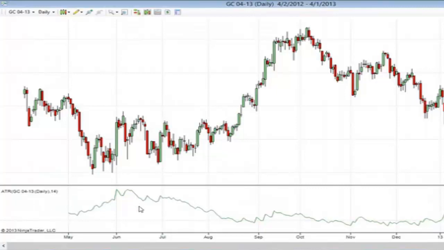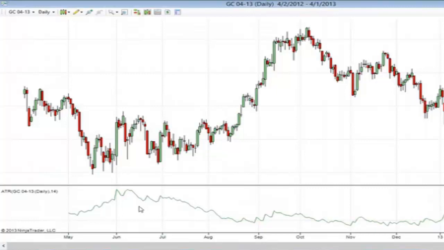Basically when it's going up, that means that range is expanding. When range expands, that means that the range of that bar is more than the bar before it. So if it keeps expanding, that continually happens.